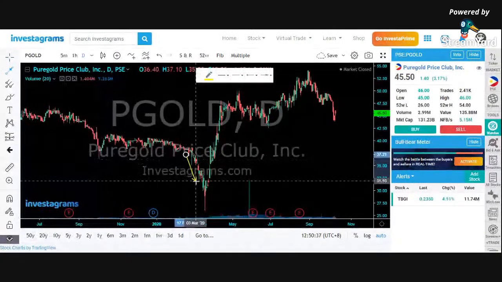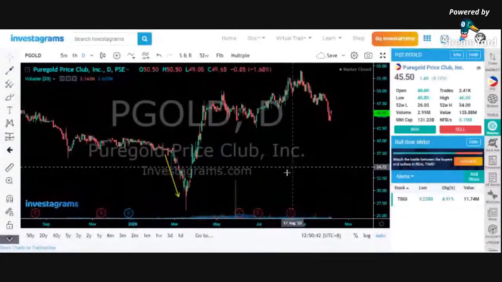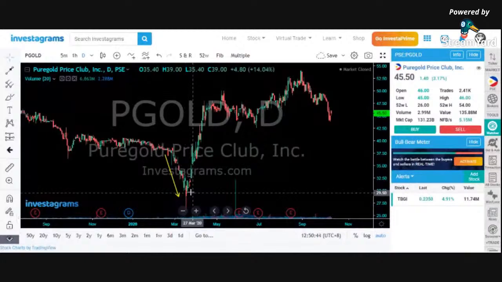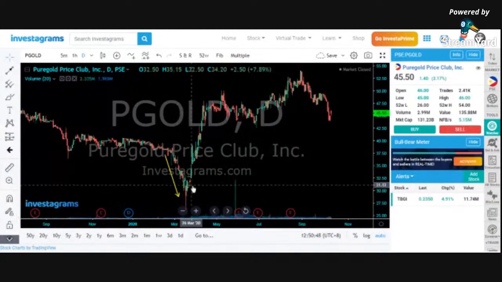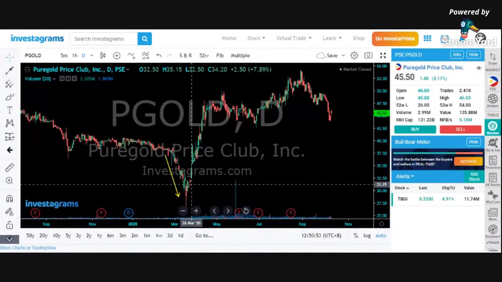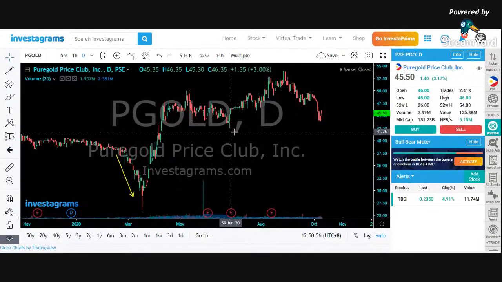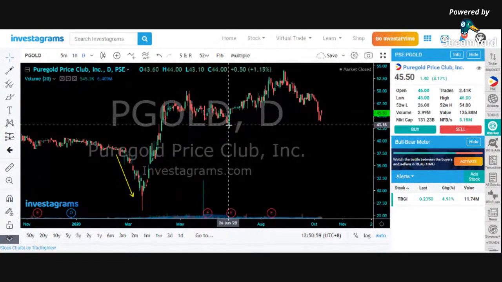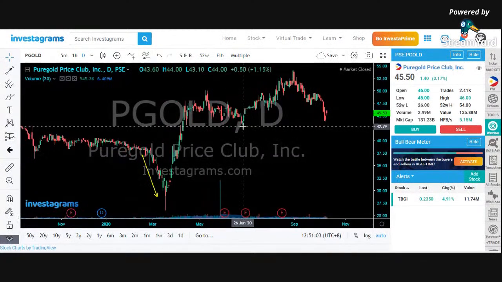Price is going down, and now you see the price rejection in this area. It is there in the tips. Also this one, the person rule, it is there. So you need to watch this one.